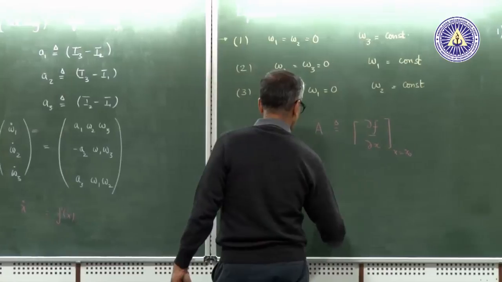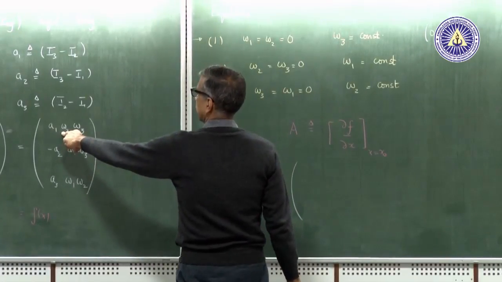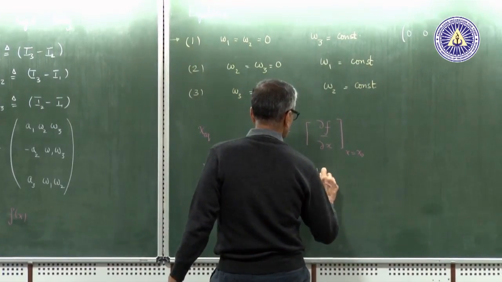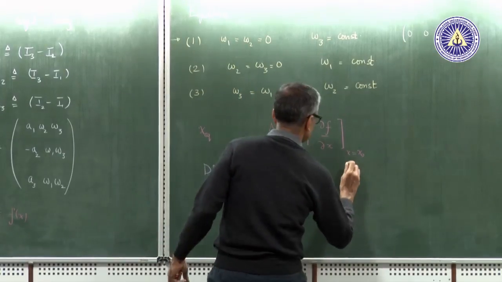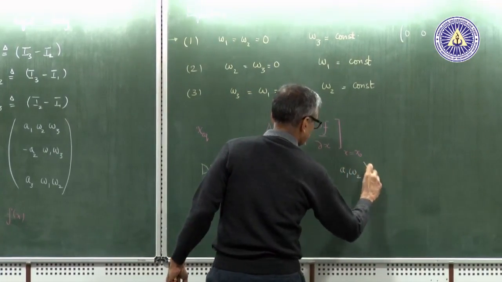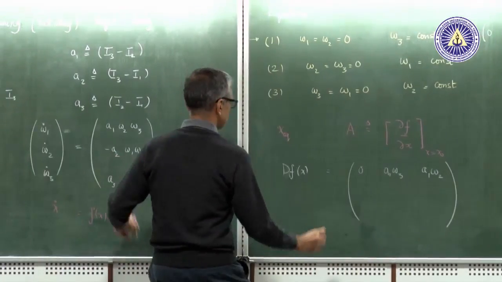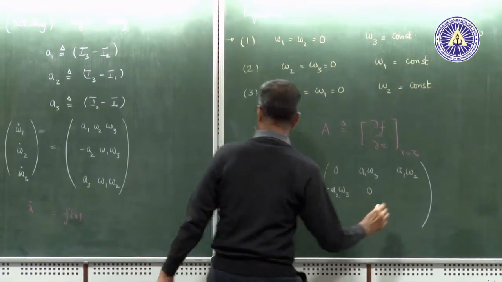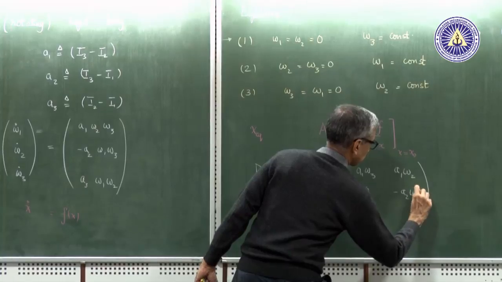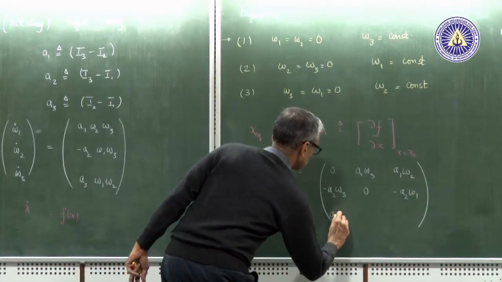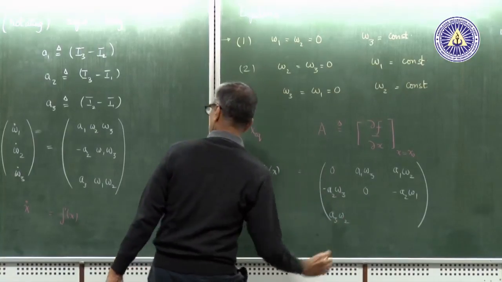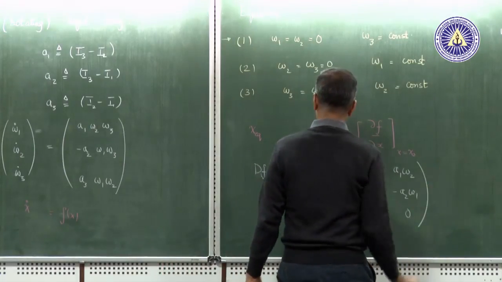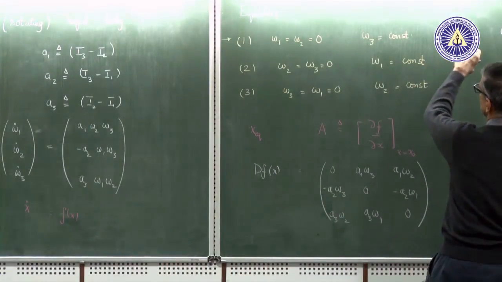That would be this partial with omega 1, 0, partial with omega 2, which is A1 omega 3, partial with omega 3, minus... Now we have to evaluate this at this equilibrium.